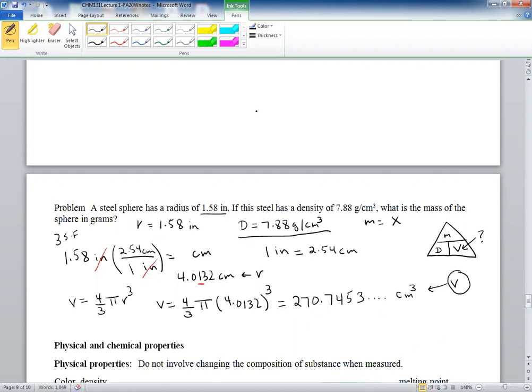So take this number and let's just recall what we have to do with this triangle to calculate the mass. If you need the mass, it means you have to take the density times the volume. So since we have the density, erase the volume here.